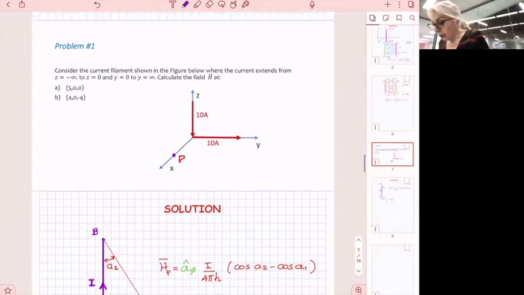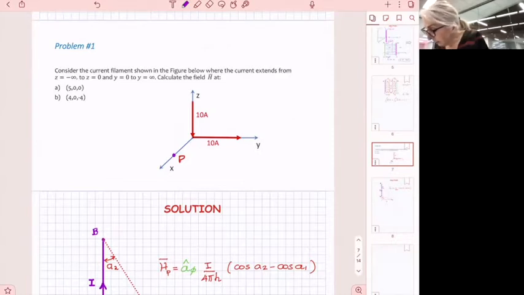Okay, so the problem here shows two current filaments and they are semi-infinite. For example, the one along the z-axis starts at the origin of the coordinate system.